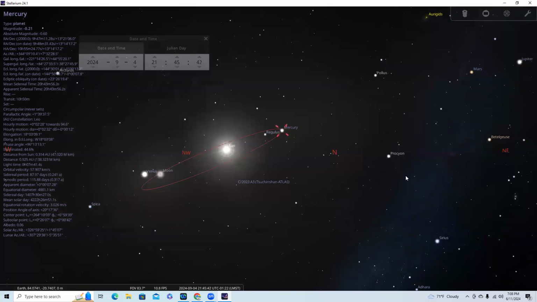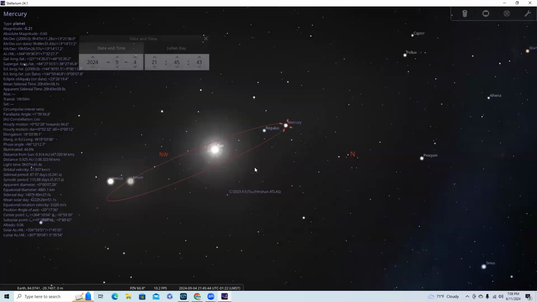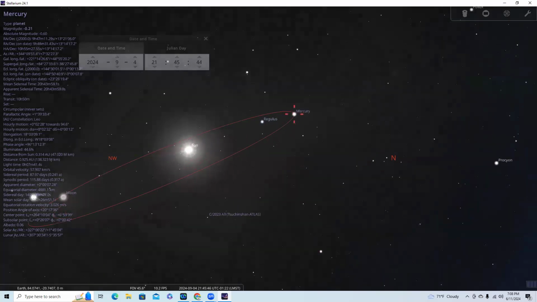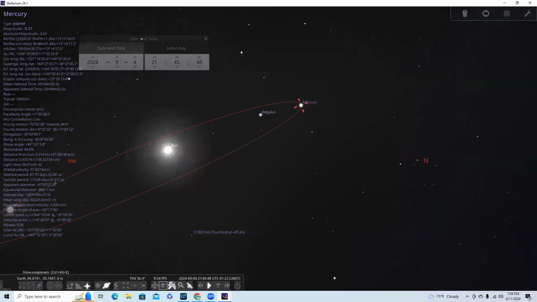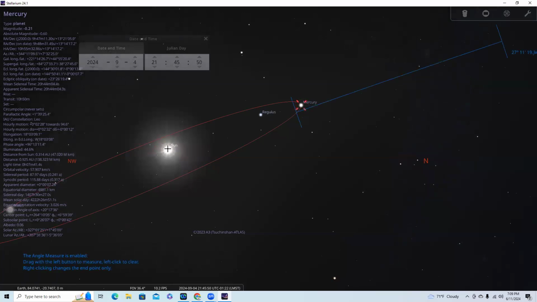If I zoom out, east here. Angle measure tool. So, well, a difference there, right? 18 degrees, 0 arc minutes, 32.23 arc seconds.